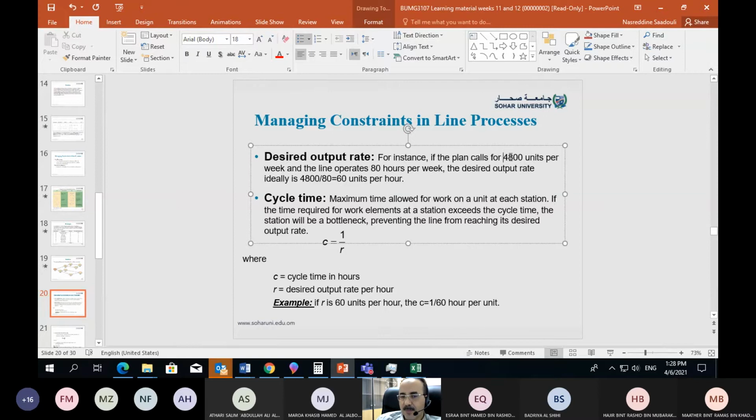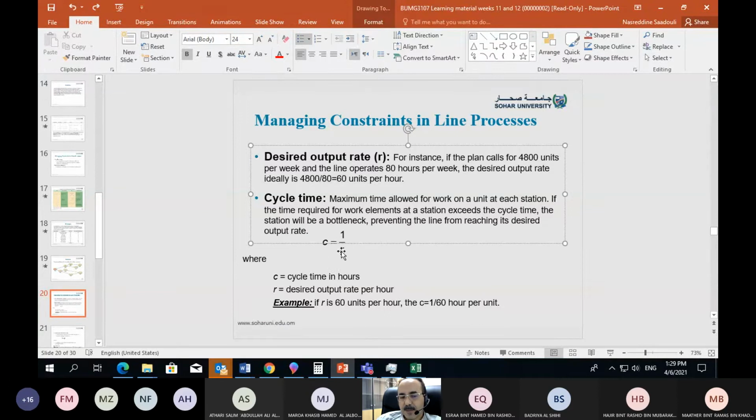So for instance, if the plan is to make 4,800 units in a given week, and the line operates for 80 hours in a week, then the desired output rate will simply be 4,800 divided by 80. That gives us 60 units per hour. This is called the desired output rate, which is what lowercase r is.